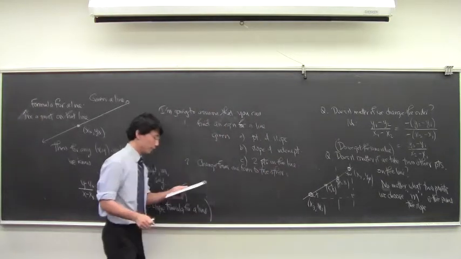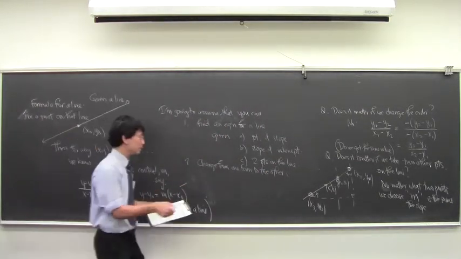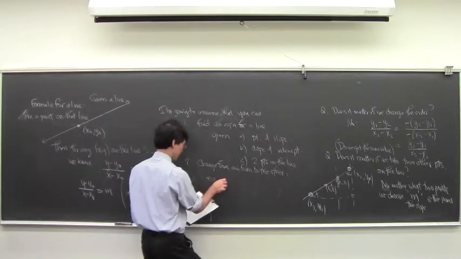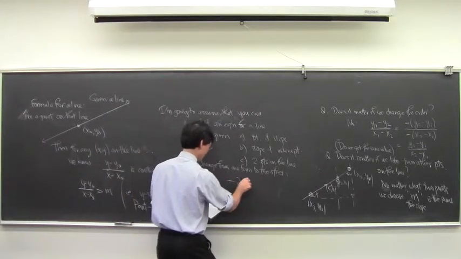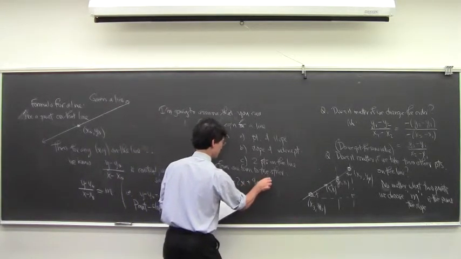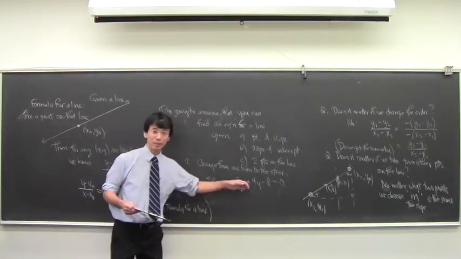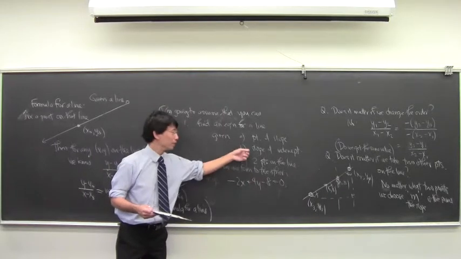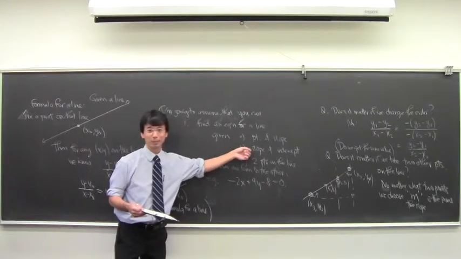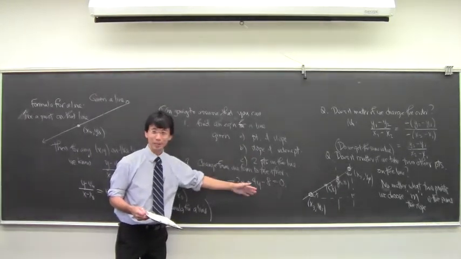If somebody gives you, for example, a line in general form, negative 2x plus 4y minus 8 equals 0, and I say please change that to slope-intercept form, take 10 seconds and write down the slope-intercept form.